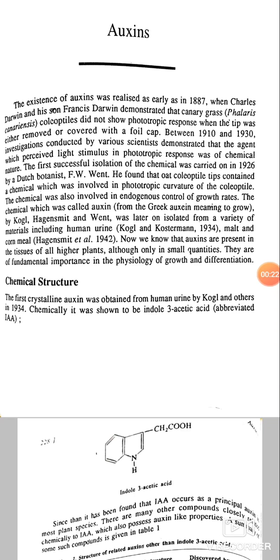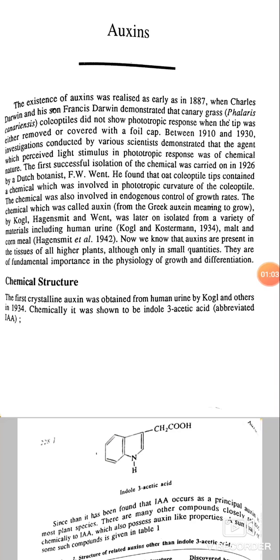The existence of auxin was realized as early as 1887 when Charles Darwin and his son Francis Darwin demonstrated that canary grass, whose botanical name is Phalaris canadensis, coleoptiles did not show phototropic response when the tip was either removed or covered with a foil cap.